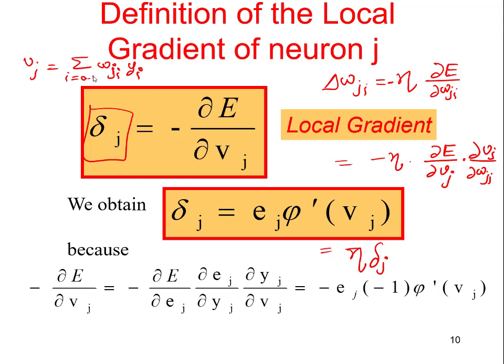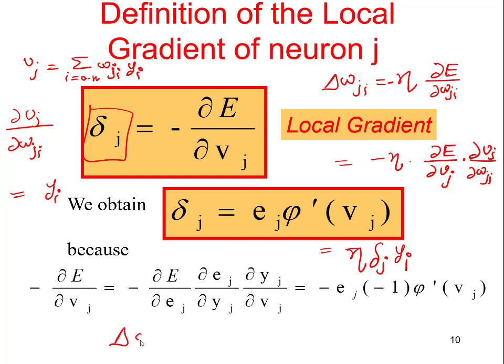So if Vj is differentiated with respect to Wji, only yi will remain and the others will be cancelled out because those are considered constants. Only the Wji associated with yi will remain. So we can say it is yi.